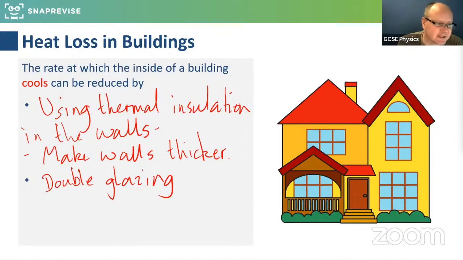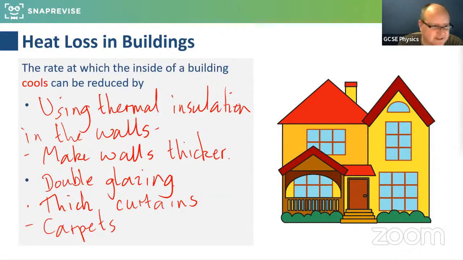Yeah, thick curtains, carpets. Also good ideas. We've got loft insulation that's been mentioned. That could be foam or fiberglass. We've mentioned double glazed windows.